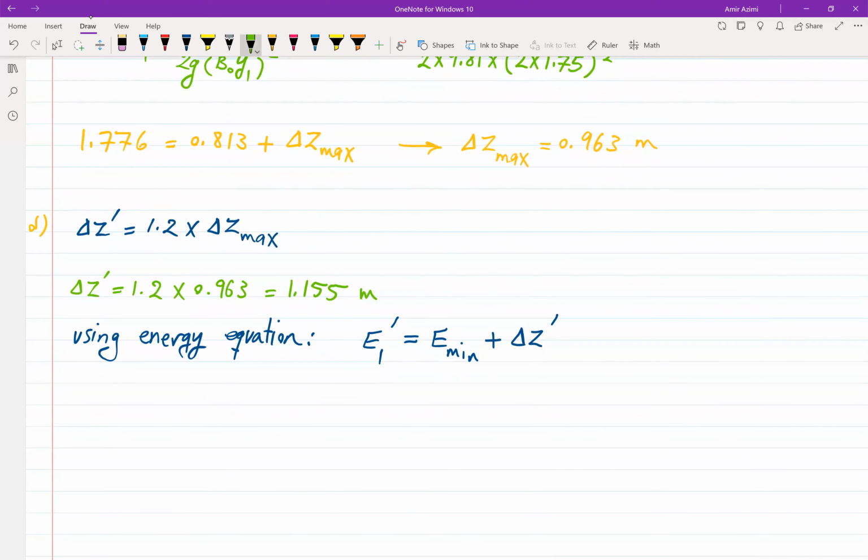So here E1 prime is equal to the minimum energy level 0.8131 plus 1.155, which is equal to 1.968.